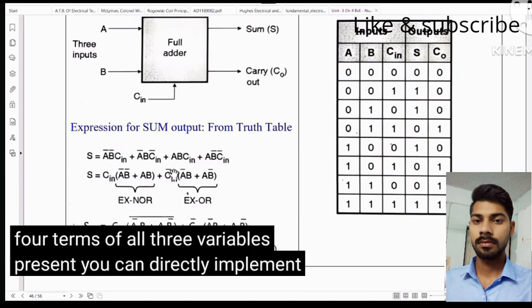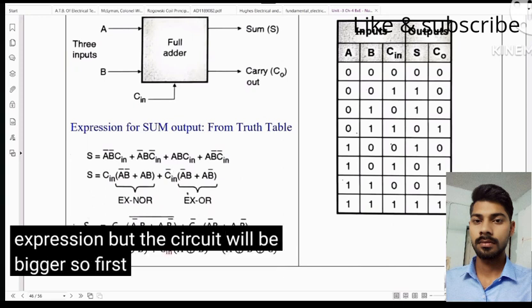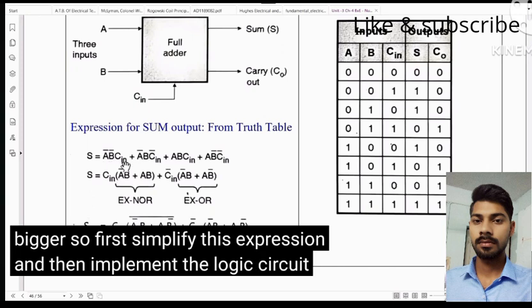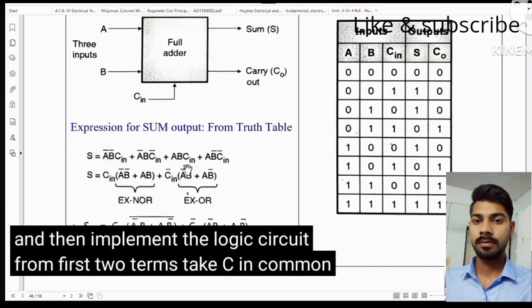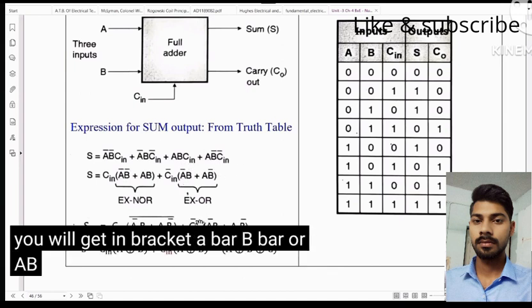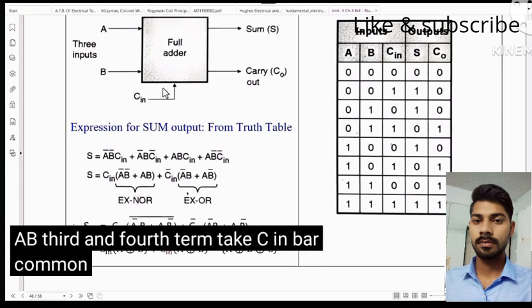You can directly implement this expression, but the circuit will be bigger. So first simplify this expression and then implement the logic circuit. From the first two terms, take C in common. You will get in bracket A bar B bar or AB. From the third and fourth terms, take C in bar common.